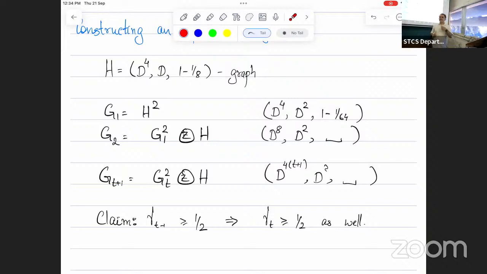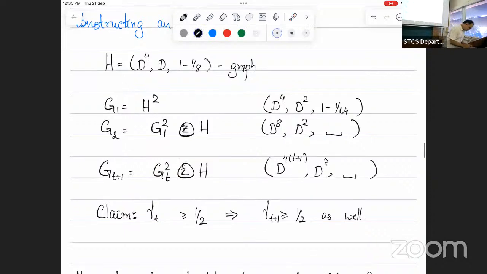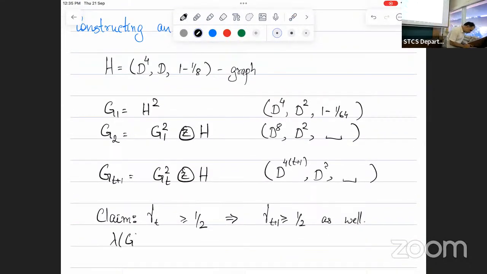And I'm getting some spectral gap. I want to claim that you get some spectral gap. Well, why is that the case? Rather, let me do G_t and G_{t+1}. Now let's ask ourselves, what is the spectral gap here going to be? I'm assuming that G_t's spectral gap was at least a half. So lambda of G_t squared is certainly at most 1/4, because the lambda of G_t was at most a half, so I squared it, so it's at most 1/4.